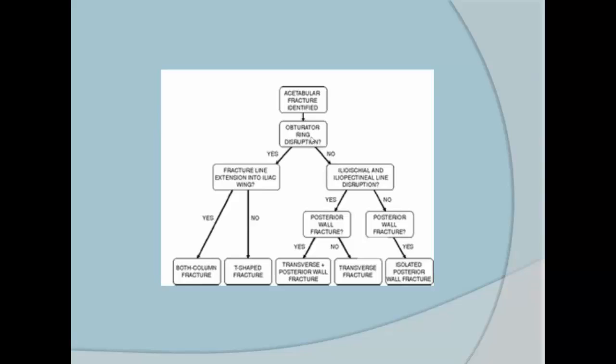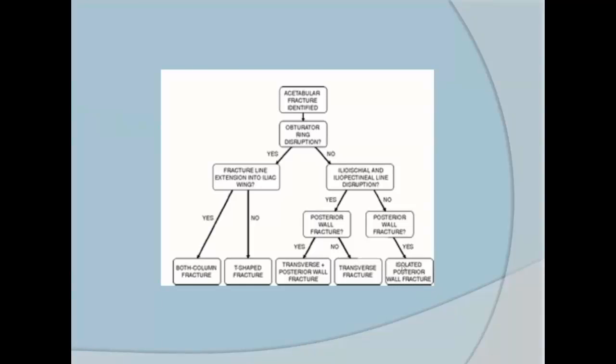Again, if the obturator ring is not disrupted, and the ilioischial and iliopectineal lines are disrupted, if the posterior wall is fractured, it's a transverse posterior wall fracture. If the posterior wall is intact, it's a transverse fracture. Again, if the ilioischial and iliopectineal lines are not disrupted, it's a posterior wall fracture, an isolated posterior wall fracture.